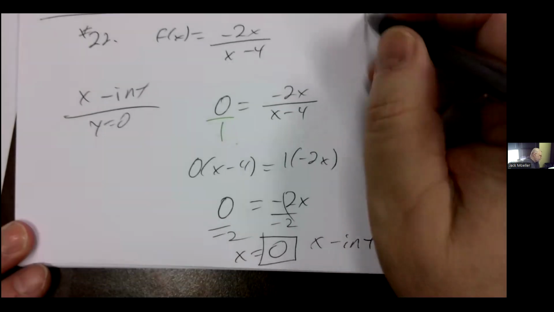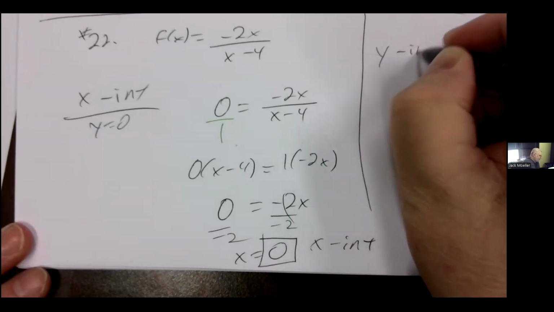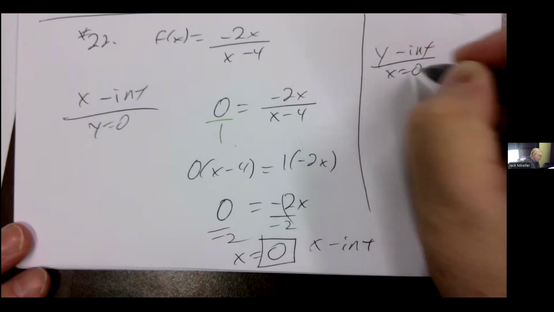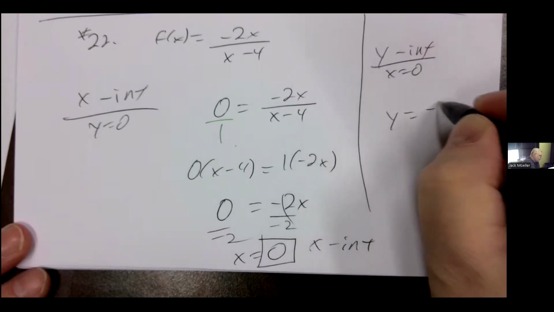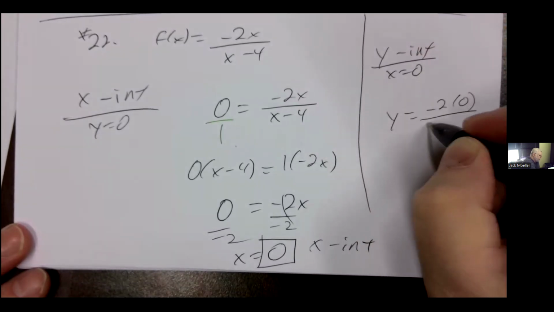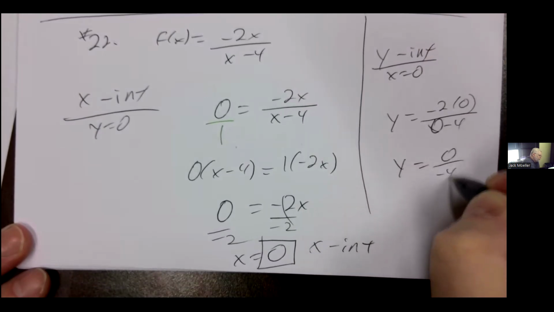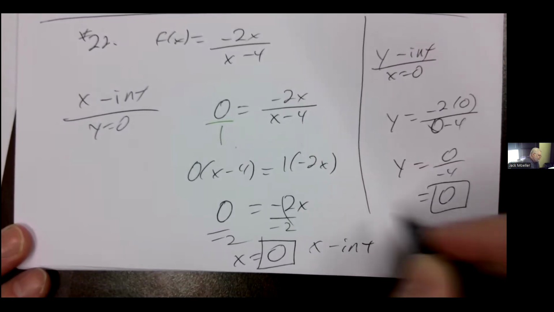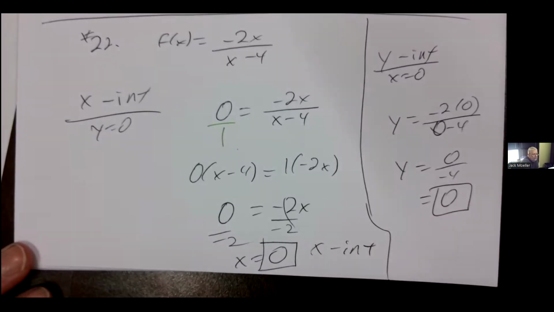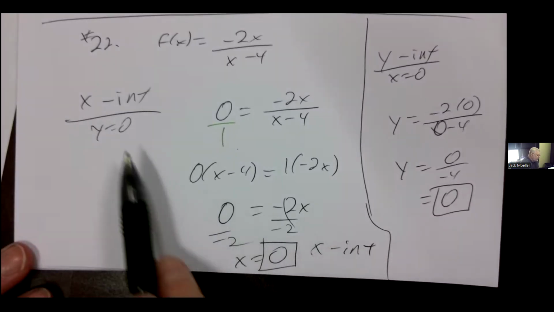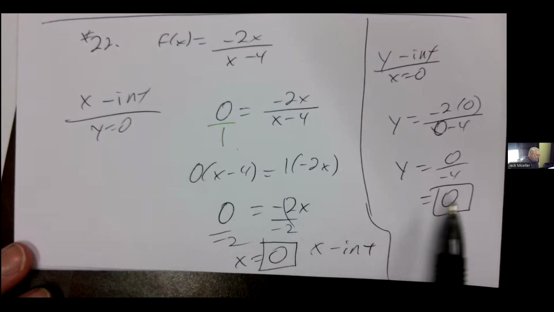How do we do the y-intercept? Plug in x equals 0. Get y equals negative 2 times 0 over 0 minus 4, which is 0 over negative 4, which is 0. Which makes sense. Because if we plugged in y equals 0, got x equals 0, then if we plug in x equals 0, we should get y equals 0.